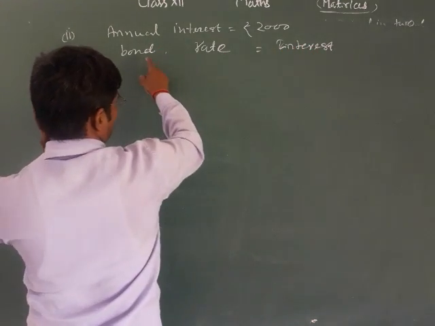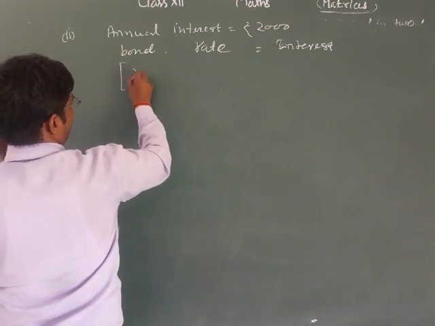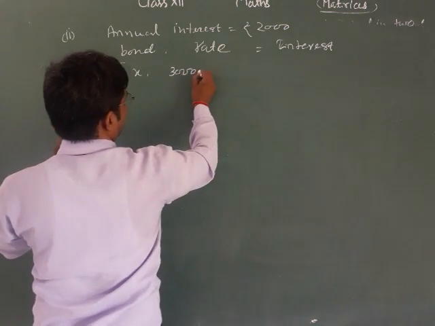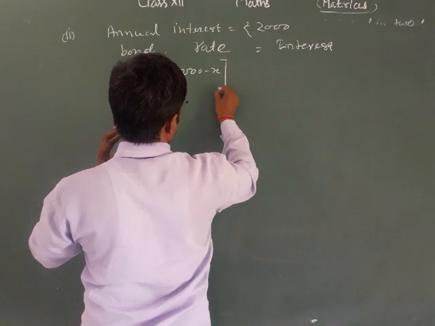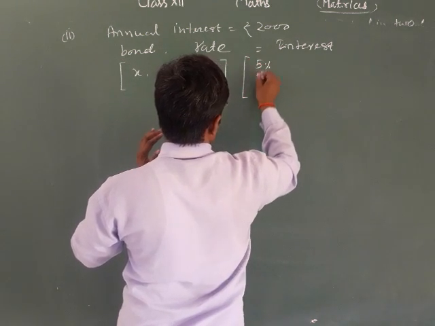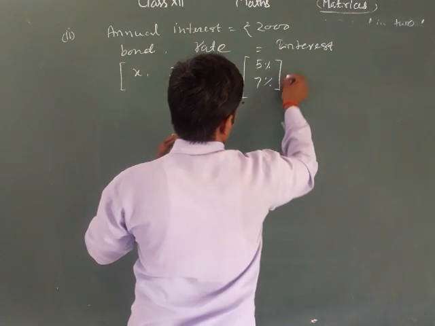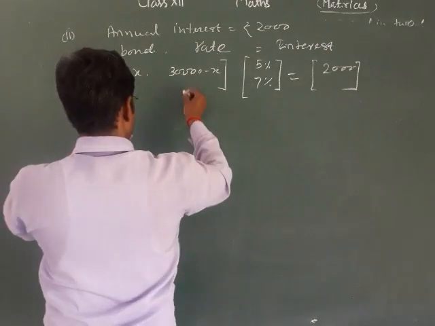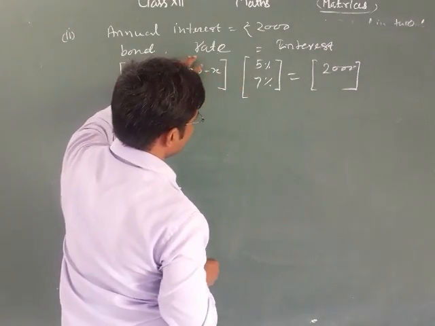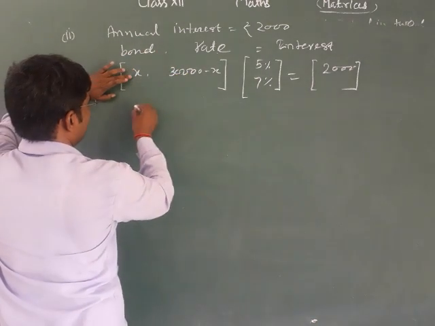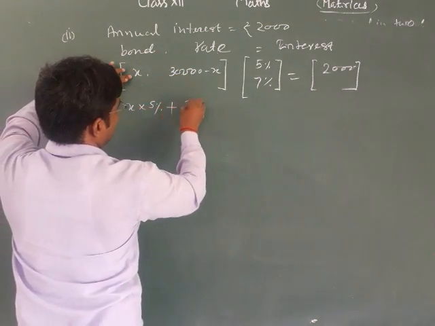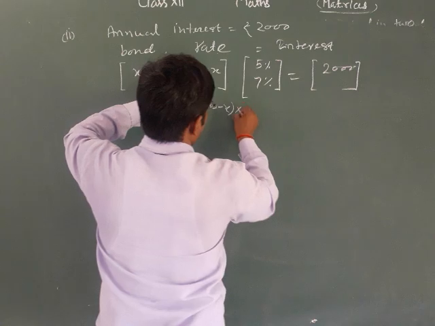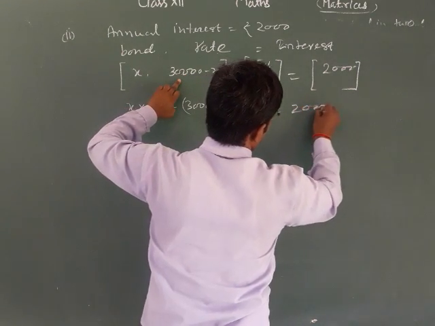The bonds are x and 30,000 minus x, the rates are 5% and 7%, and the total is 2,000. Multiply these matrix corresponding elements: x into 5% plus (30,000 minus x) into 7% is equal to 2,000.